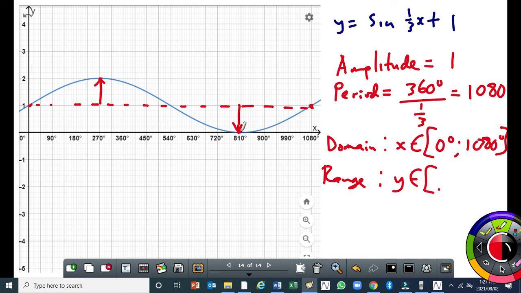If you use the formula y max minus y minimum over 2, you get a 1. Also, you can identify the equilibrium line. This is the one which I have drawn here in red. The distance between the maximum turning point and the equilibrium line is your amplitude.